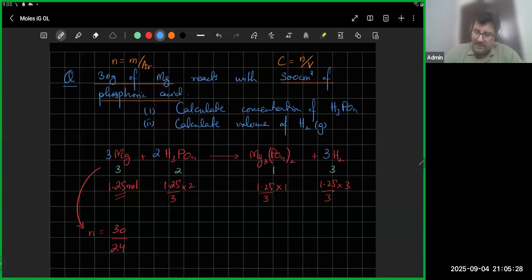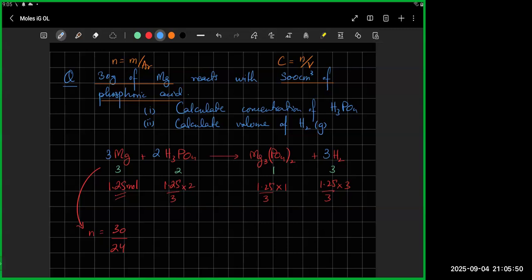So tell me, what is 1.25 divided by 3 times 2? 1.25 divided by 3? 0.833.